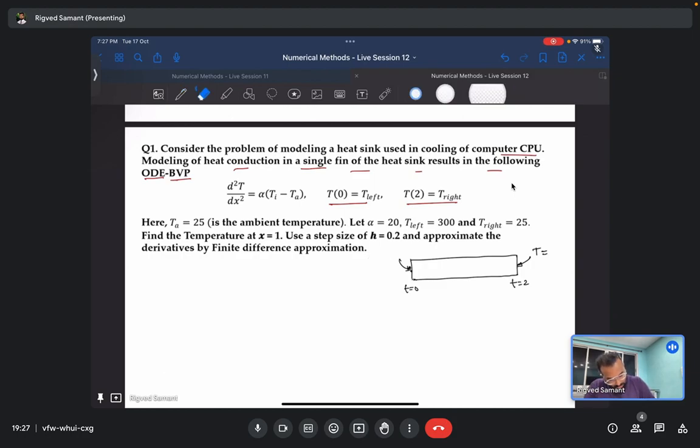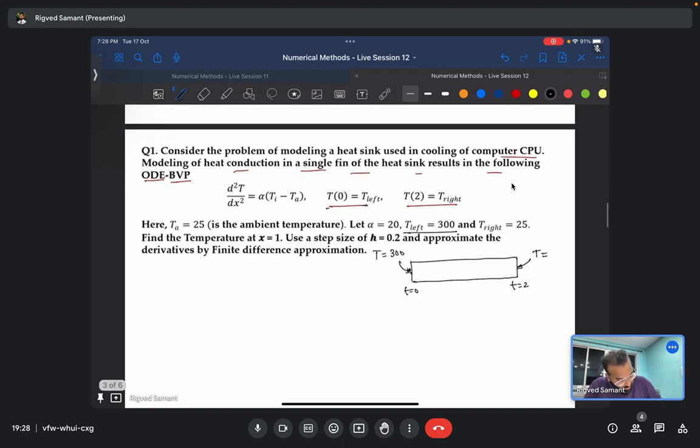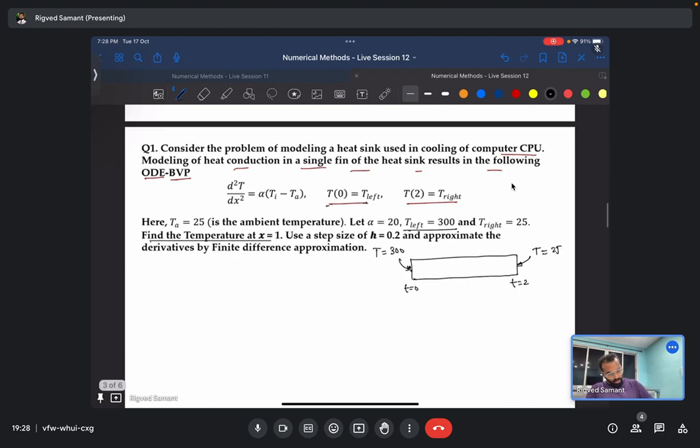T at 0 is equal to T left, right? And T left is 300. And here T at 2 is T right, which is given as 25. It asks you to find the temperature at x equal to 2, somewhere in between. So this should be T of x, right?